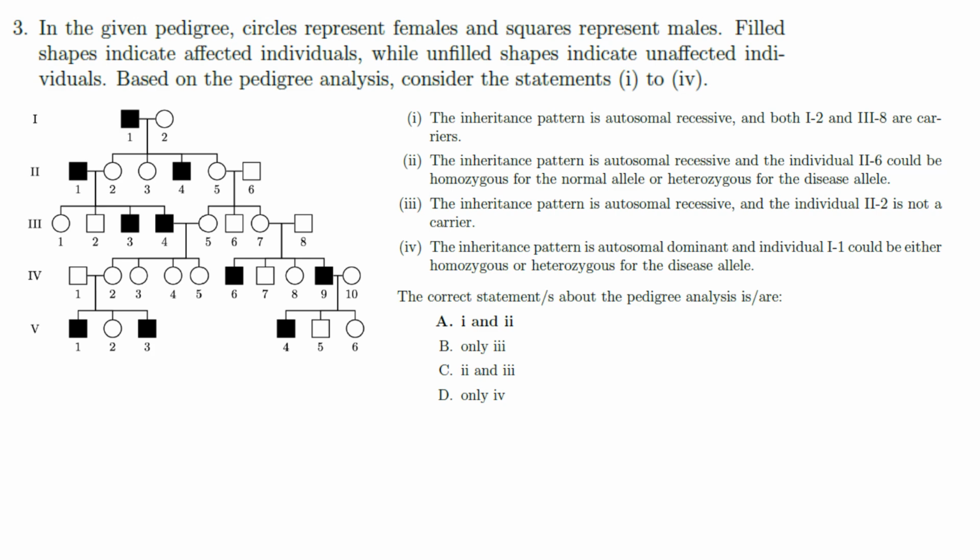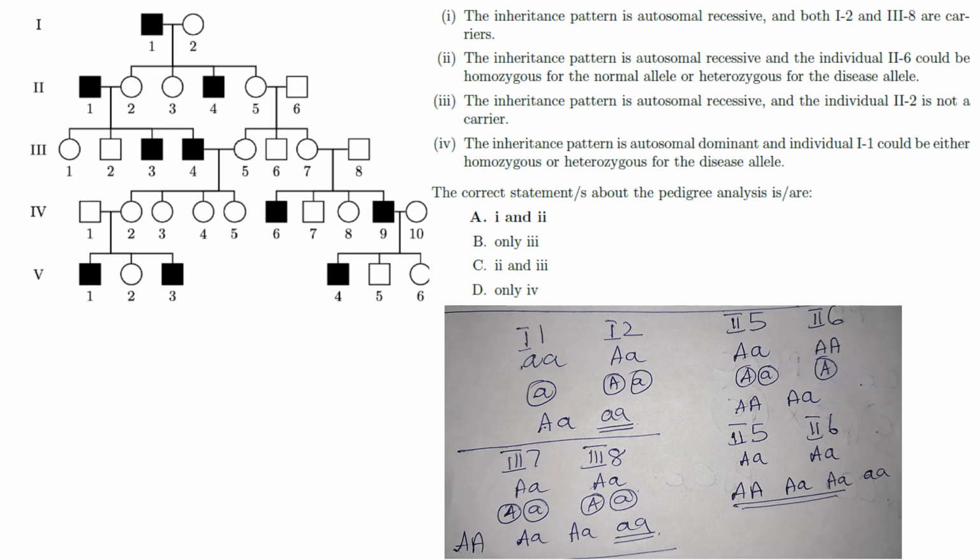Then next one. In the given pedigree, circle represents female, square represents male, shaded portion represents affected individual. Based on the pedigree analysis, consider the statements 1 to 4. So this is the pedigree, these are the statements, and this is the analysis I have done. The inheritance pattern is autosomal recessive.